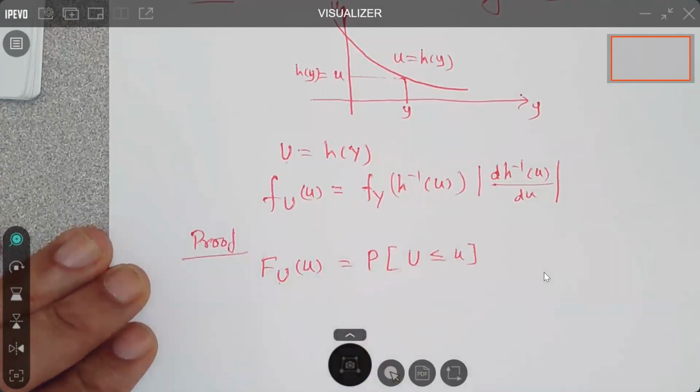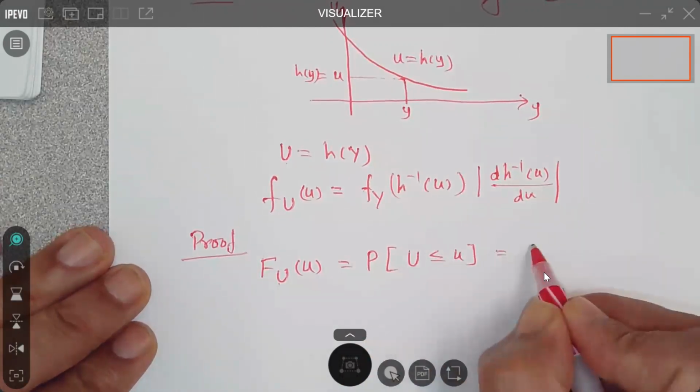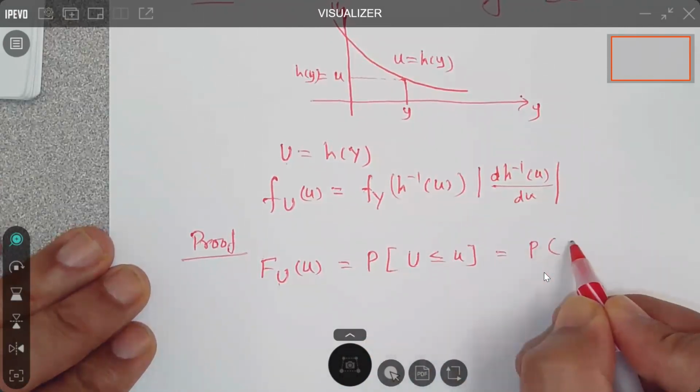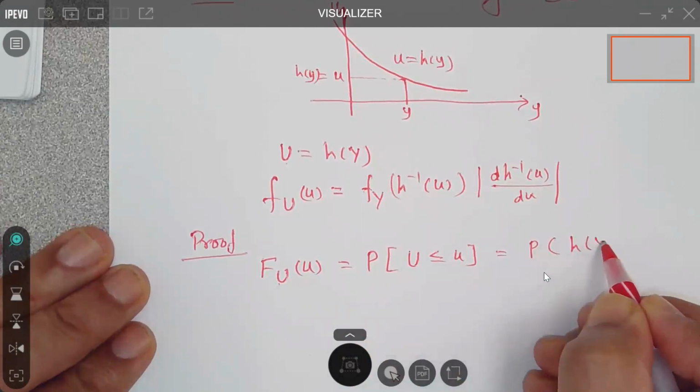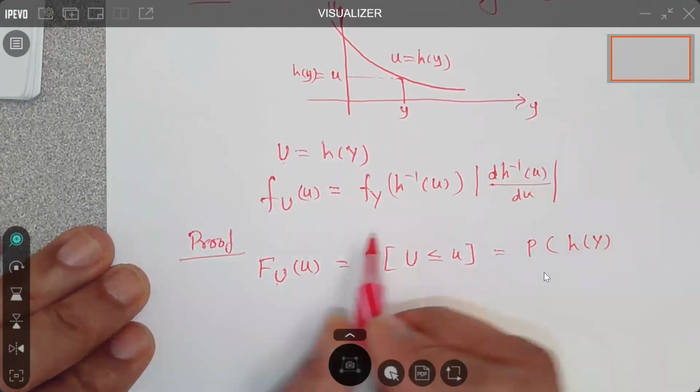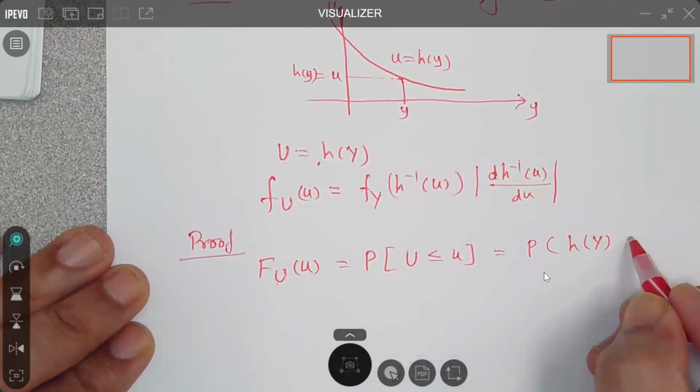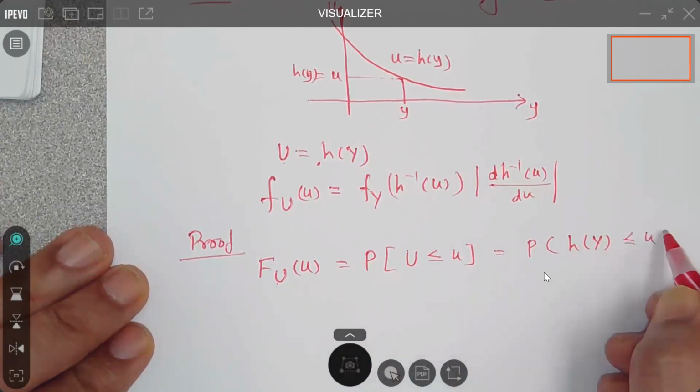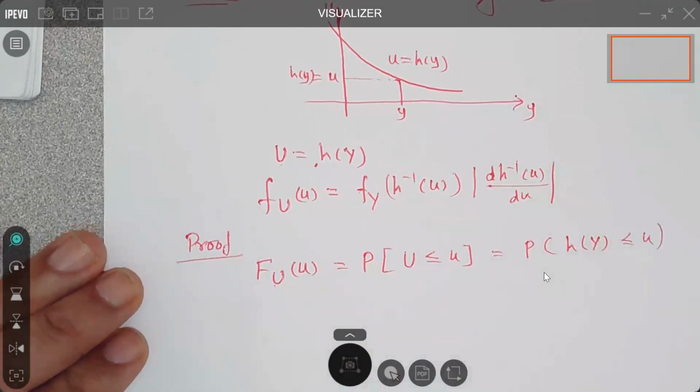That is the definition. Now this is the probability that h of Y is less than or equal to u.